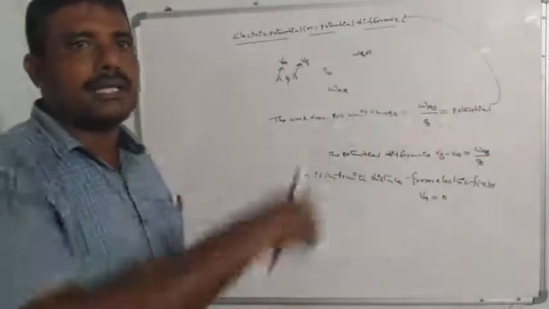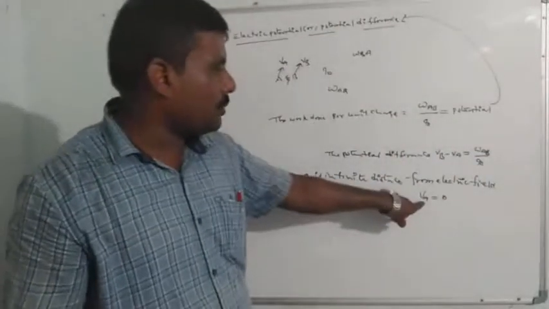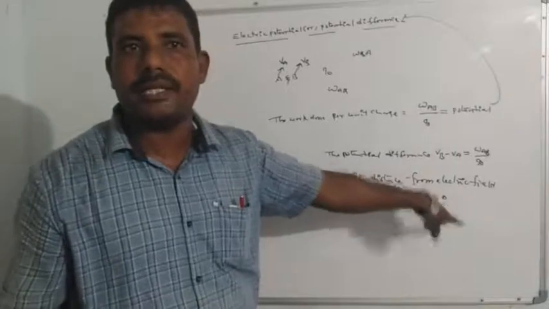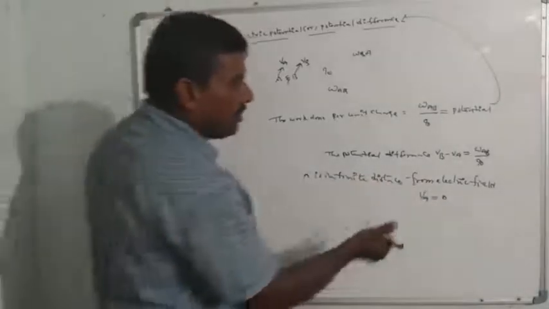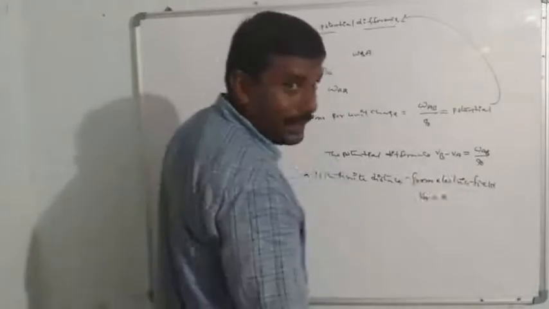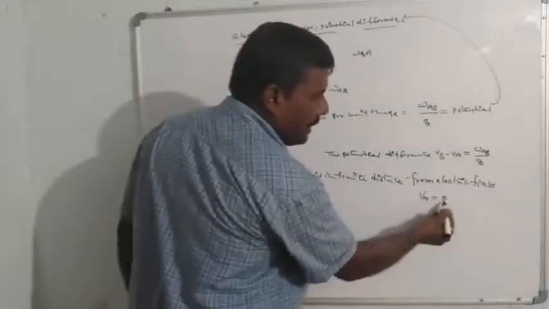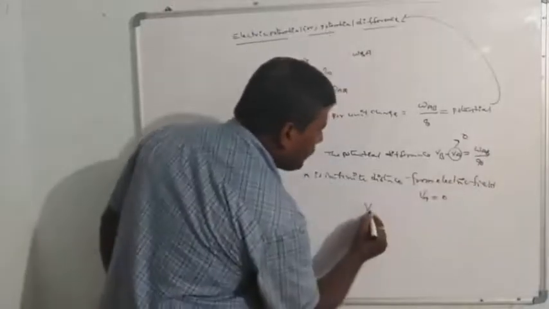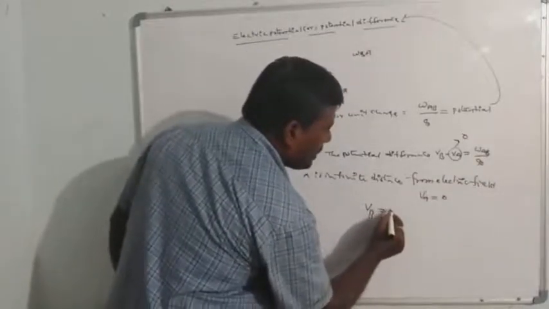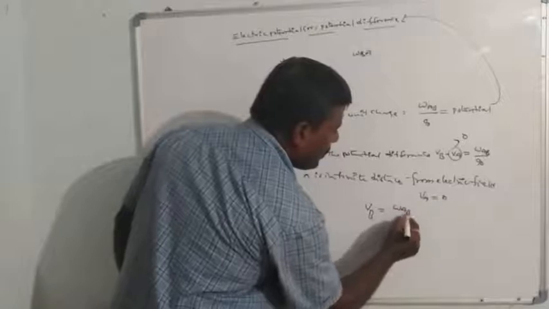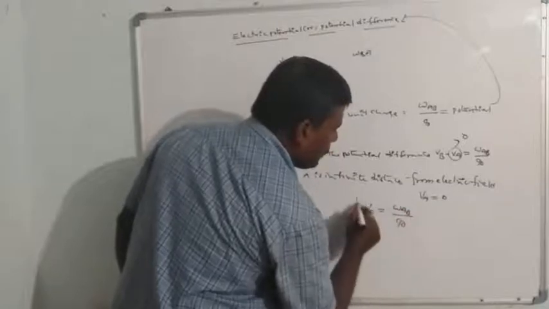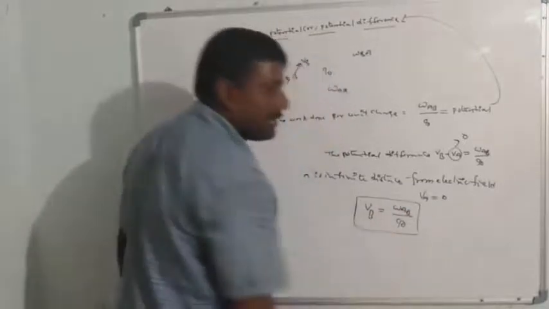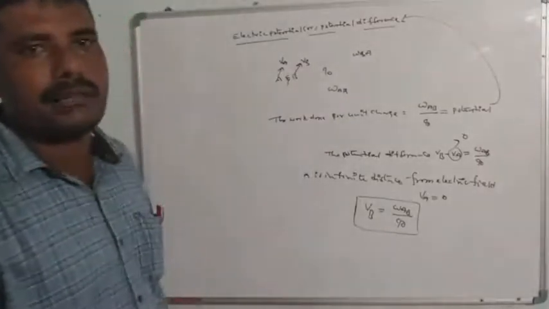At that particular point, the potential becomes 0, VA equals 0. Therefore, the potential or potential difference equals work done divided by Q naught.